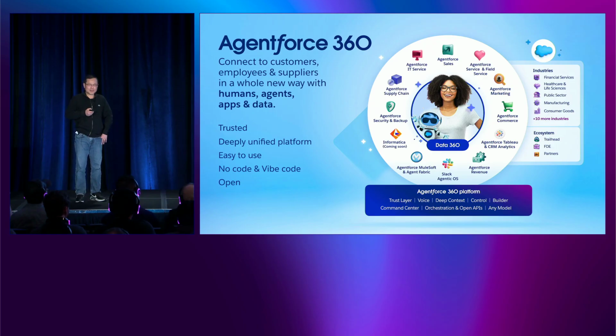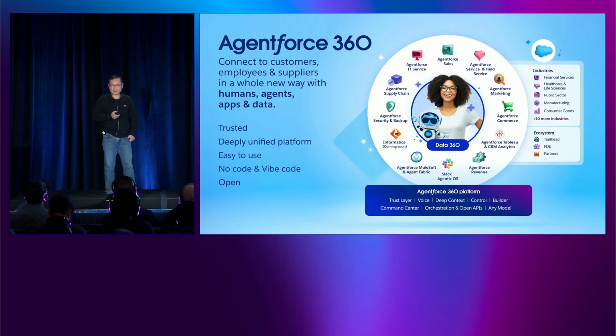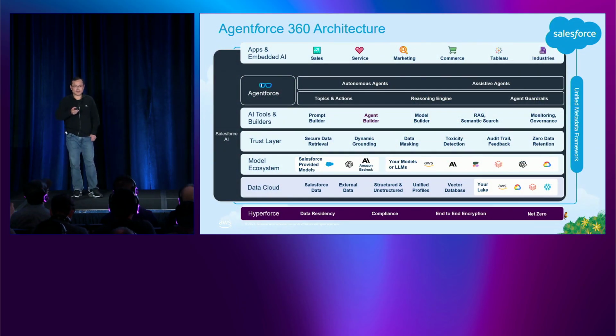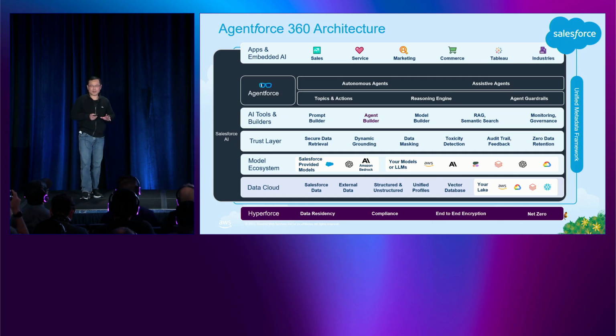All right, now we are very excited to talk about Agentforce. Our vision is that human beings and agents can work together to deliver success stories. All those agents are seamlessly integrated with our ecosystems, and they can perform very complicated jobs. Next, this is a slide showing a comprehensive architecture of Agentforce.